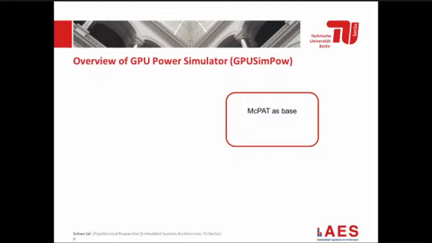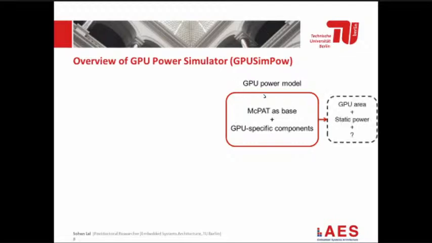However, as I said briefly at the beginning of the presentation, there are also significant differences between CPU and GPU architectures. So we modify McPAT and extend it with GPU-specific components. Once we do that, we get a power model for the GPU.